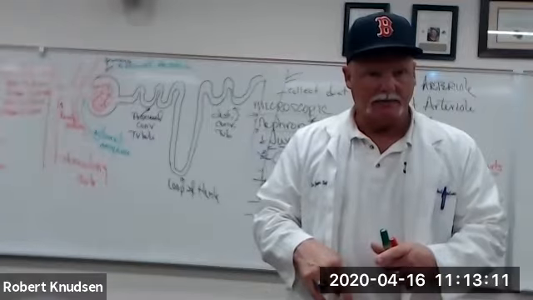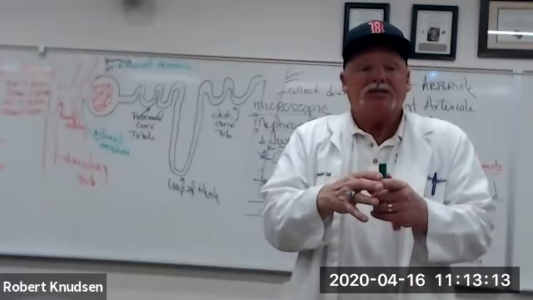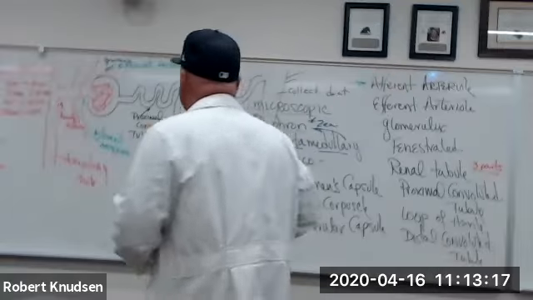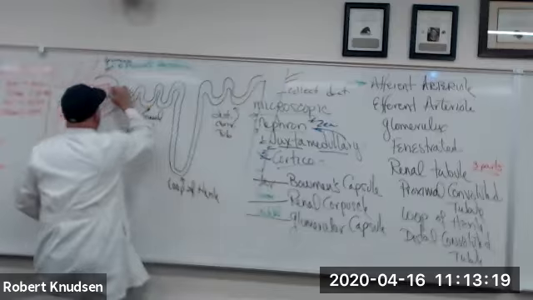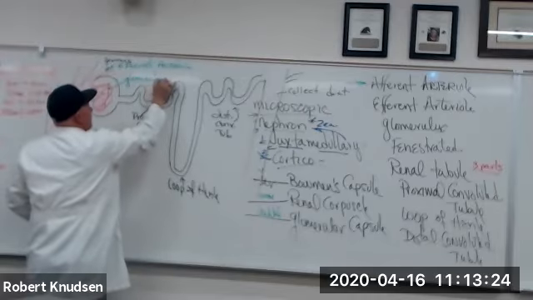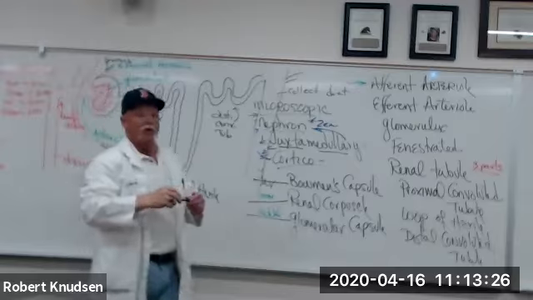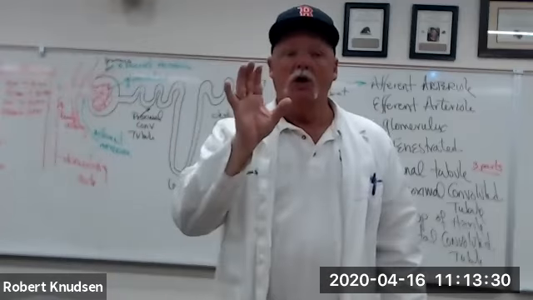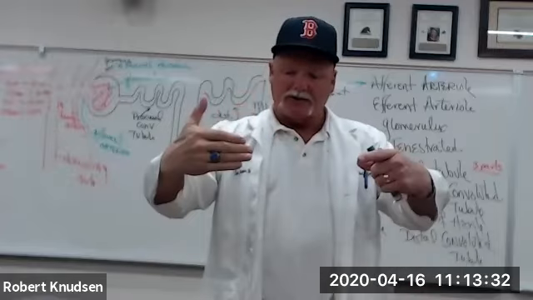Those can't go down. They're too big. Does that make sense? So they stay in the glomerulus. I haven't written that down here. Whoops. This coiled up stuff is called the glomerulus, which is an arteriole with holes in it. Fenestrated arteriole. Do you understand? So let's get back to the sink.